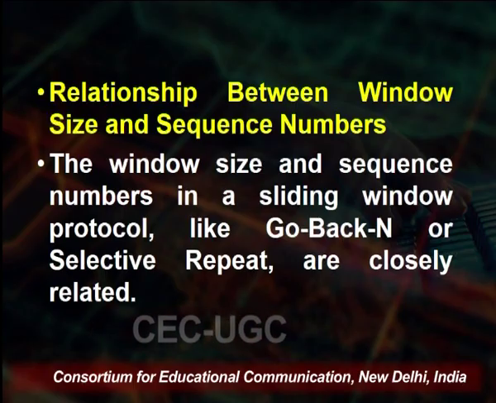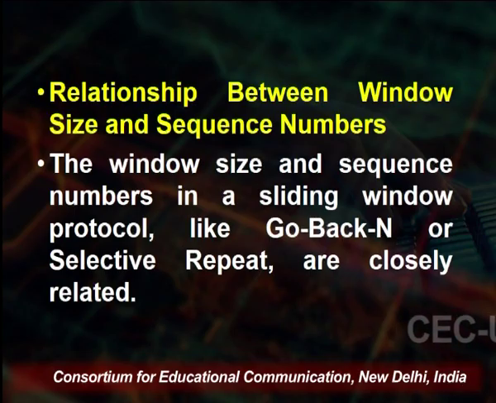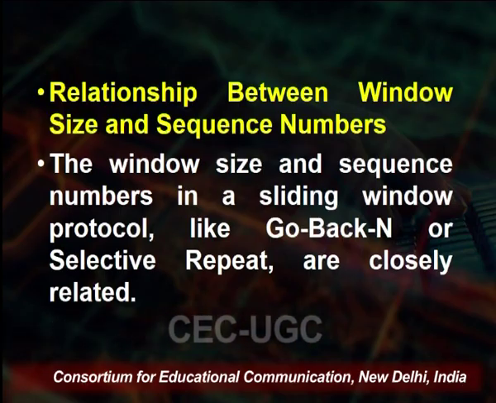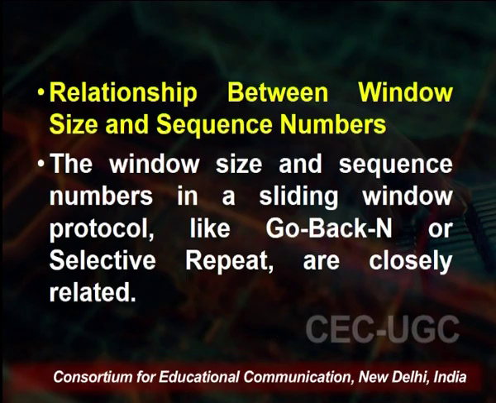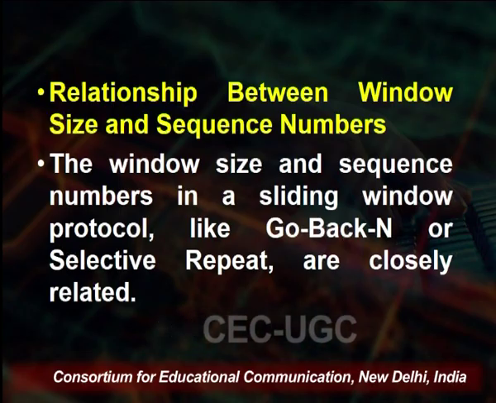Now in my previous lecture I told you that there is a very strong relationship between window size and sequence number. Window size and sequence number in sliding window protocols, let us say go back N, or even selective repeat, which we will cover in upcoming lectures, are closely related.